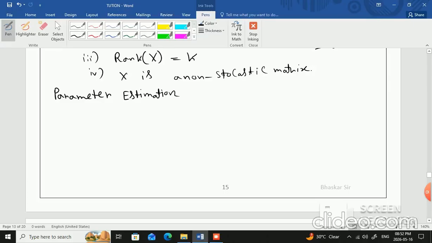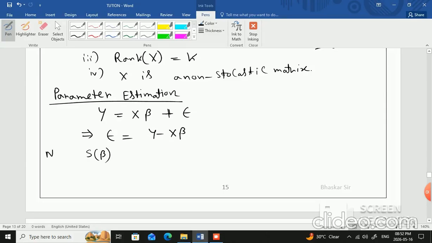Parameter estimation. How to estimate the parameter? Parameter means beta. y equal to X beta plus epsilon is our multiple linear regression model. From here we get epsilon equal to y minus X beta. Now we write S(beta) equal to summation i running from 1 to n epsilon i square.